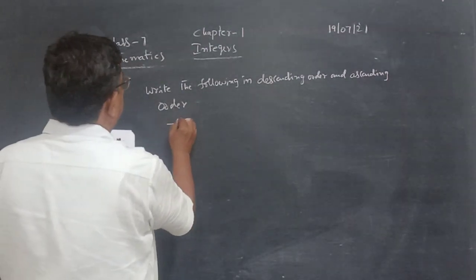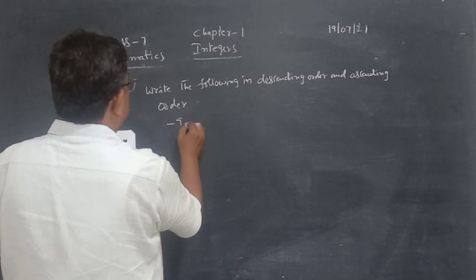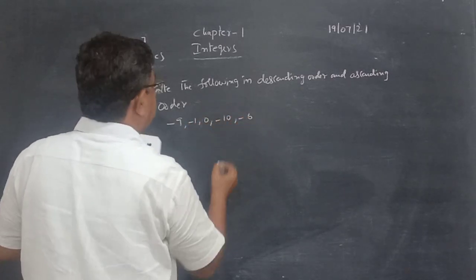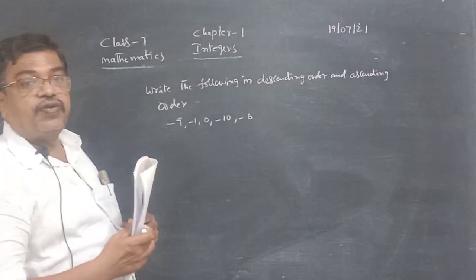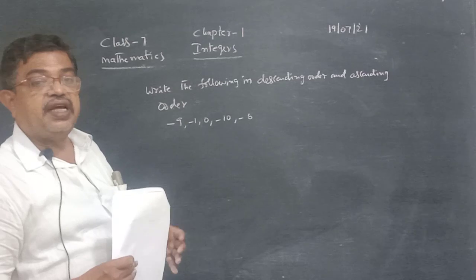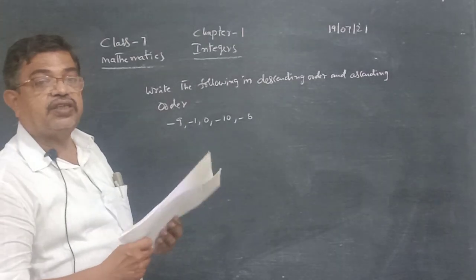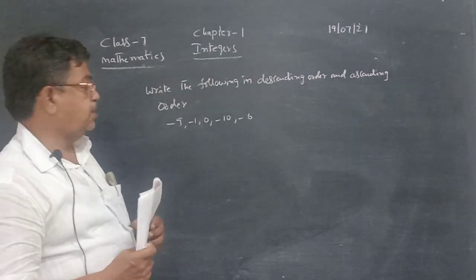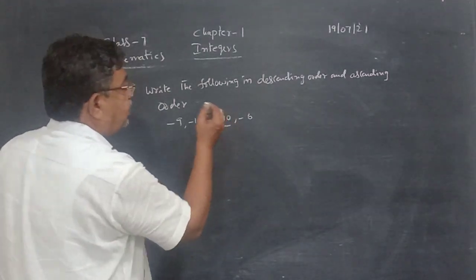Some integers are given. First one: minus 9, minus 1, 0, minus 10, minus 6. All of you know, the more the negative value, the less the value of it. Negative integers go on the negative side, the value becomes very less. So what is the highest negative value? Minus 10.